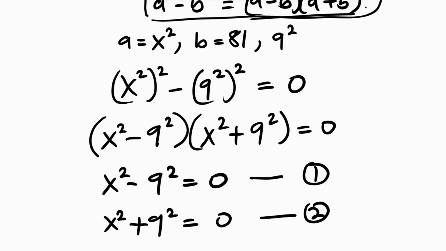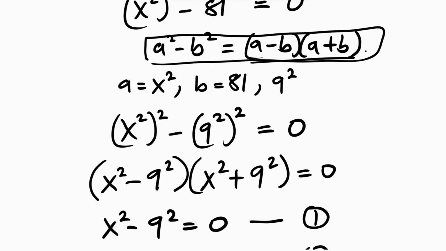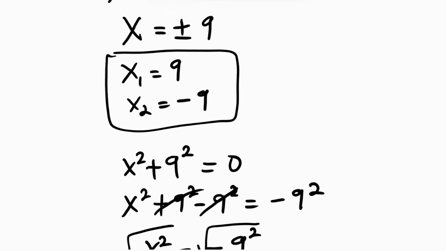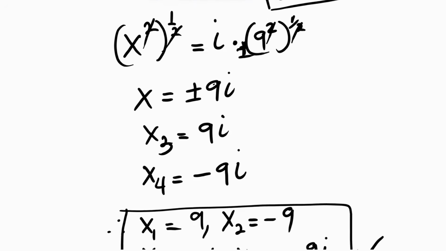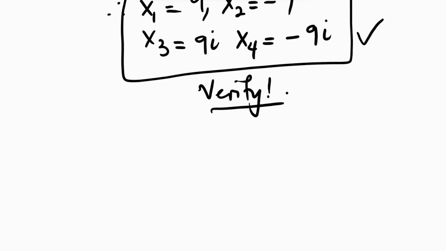Okay? So we can try to verify these answers to see if they're actually correct. So to verify, we have 81 over x squared to see if it's going to be equal to x squared over 81.